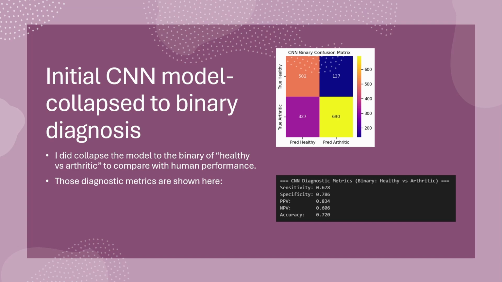I did, though, collapse my models to a binary diagnosis of healthy versus arthritic, because the data that we have for humans and their accuracy at reading OA radiographs is for healthy versus arthritic. So I will be comparing that later on.